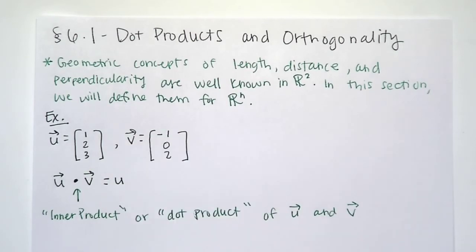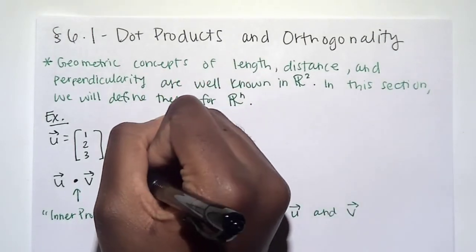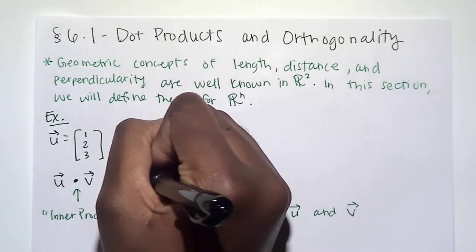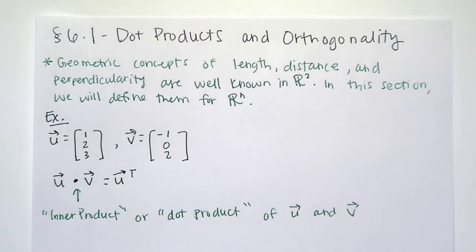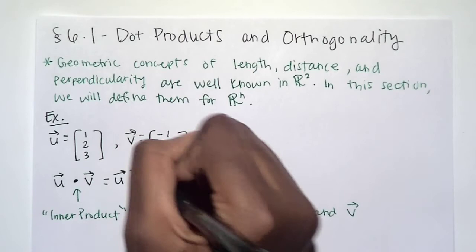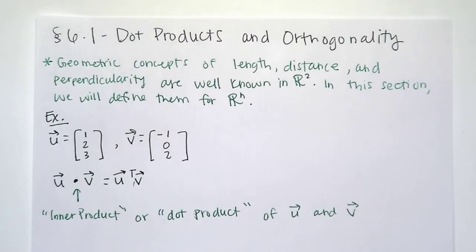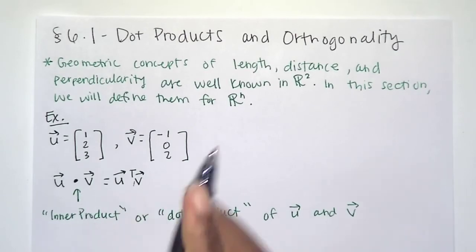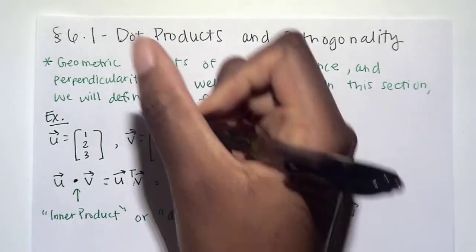and sorry, I think I misspoke. Multiplying 2 vectors of the same length is not easy to do. So what we will do is multiply the transpose of U by V. That way the dimensions match up and it's actually possible to do the multiplication. So U dot V is U transpose times V. How do we find the transpose?